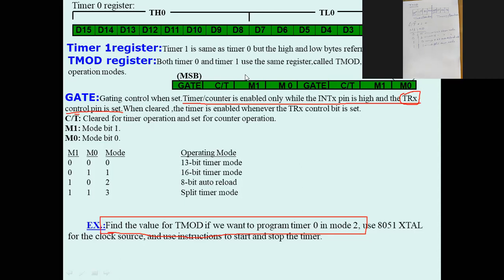Anything wrong in her answer? Rishabh? Yes, sir. M1 is 0 and M0 will be 1, sir. Can you show your copy? Yes, sir. Yeah, show me your copy.